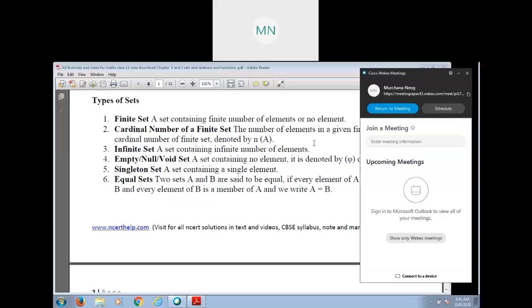I have already told you that capital letters A, B, C, D are used to denote sets. So if we write modulus of A, this indicates the cardinality of A. Cardinality means the number of elements of that particular set.